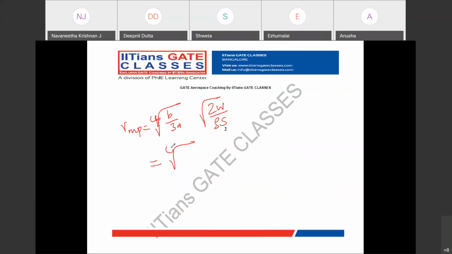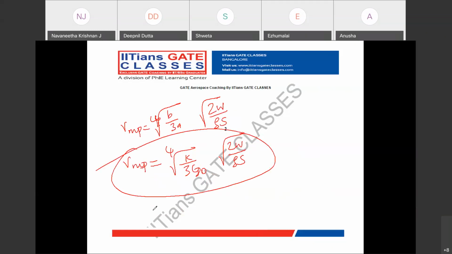In some textbooks, it is written as K divided by 3 CD naught into 2W by rho S. So what happens? Minimum power required velocity is equal to 1 by fourth root of 3 into V minimum drag, which is nothing but 0.7598 times V minimum drag.